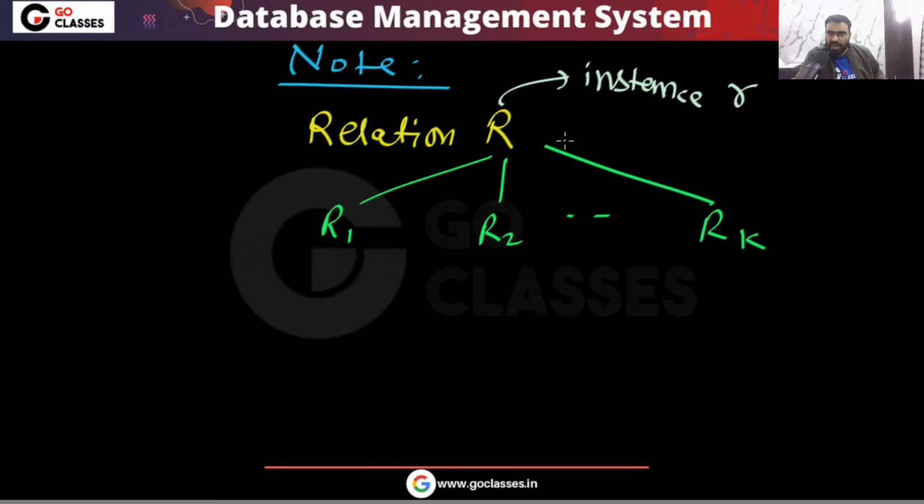Let's take an instance R of capital R, and for each decomposed relation let's also take an instance, up to instance Rk.